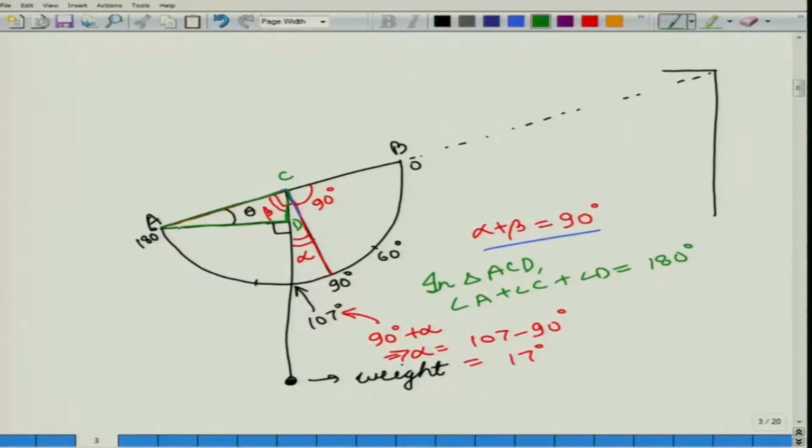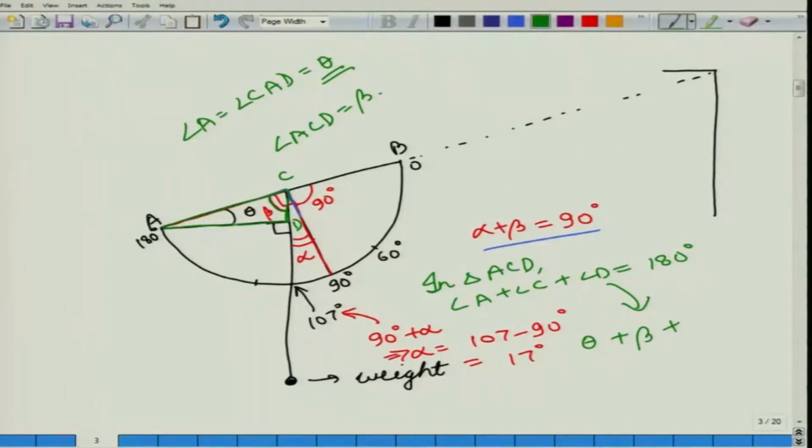Now angle A or angle CAD is equal to theta, and this is the value that we are interested in knowing. So from here we get theta plus angle C. Now angle C is angle ACD. Now angle ACD is beta, this angle.